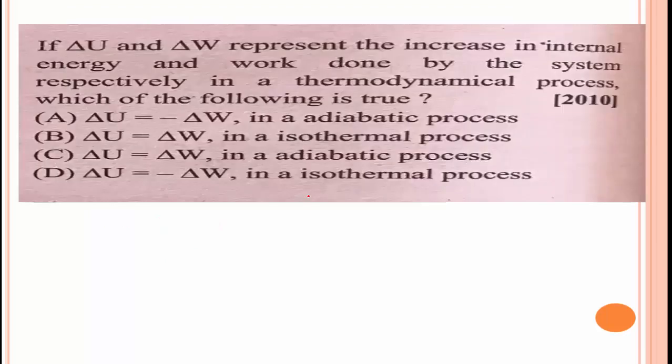Next problem is, if delta U and delta W represent the increase in internal energy and work done. Delta U means the increase in internal energy and delta W means the work done by the system. In a thermodynamic process, which of the following is true?